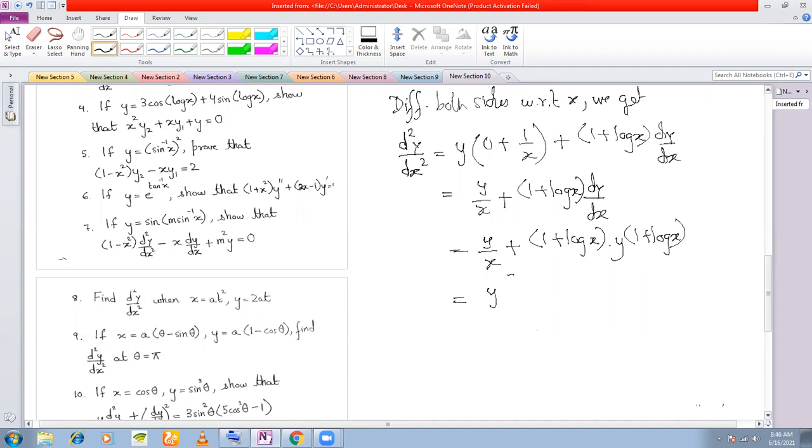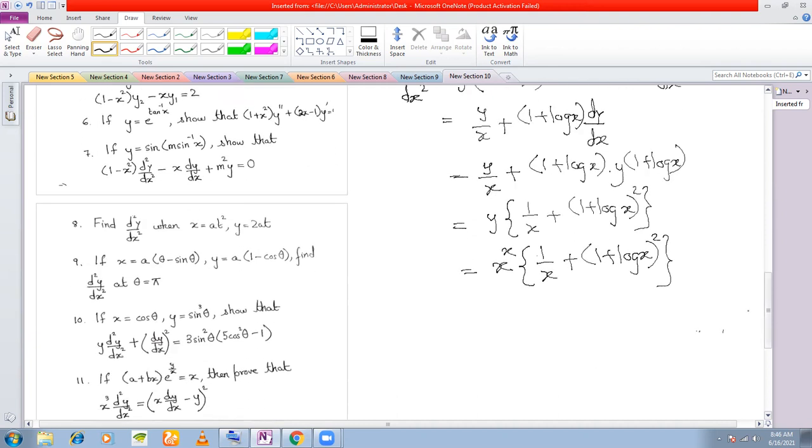If you take y common, you get 1 by x plus 1 plus log x whole square. Now you put the value of y. The value of y was x to the power of x into 1 by x plus 1 plus log x whole square. And that is the value of your d2y dx2. Clear?